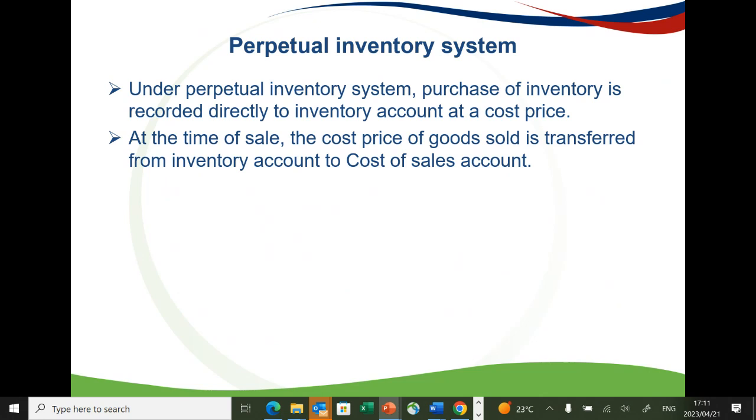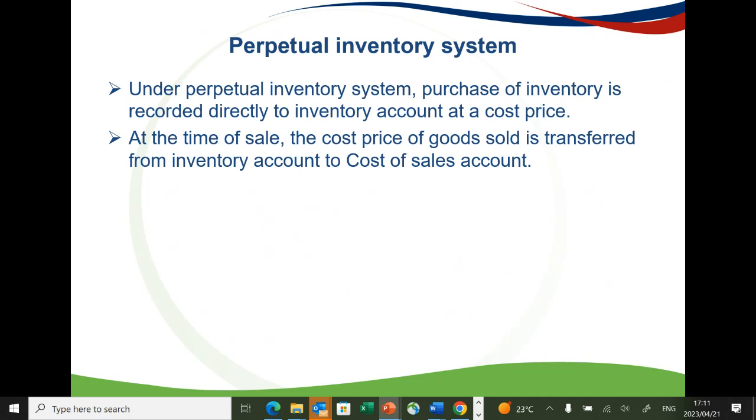Under perpetual inventory system, when we purchase inventory, that inventory that has been purchased is recorded directly into the inventory account at a cost price. Remember, a business, when they go out and buy inventory, inventory is an asset for the business. When you buy that inventory and it gets delivered, that inventory is increasing.